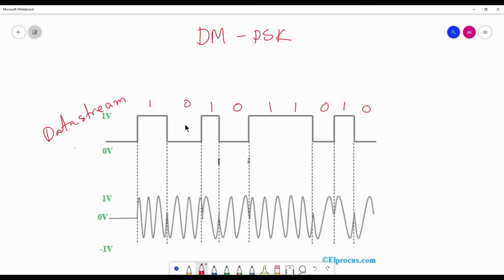And when we are getting 0, the phase is shifted, so it starts with a negative end. So this is actually the technique of PSK, a very simple one.